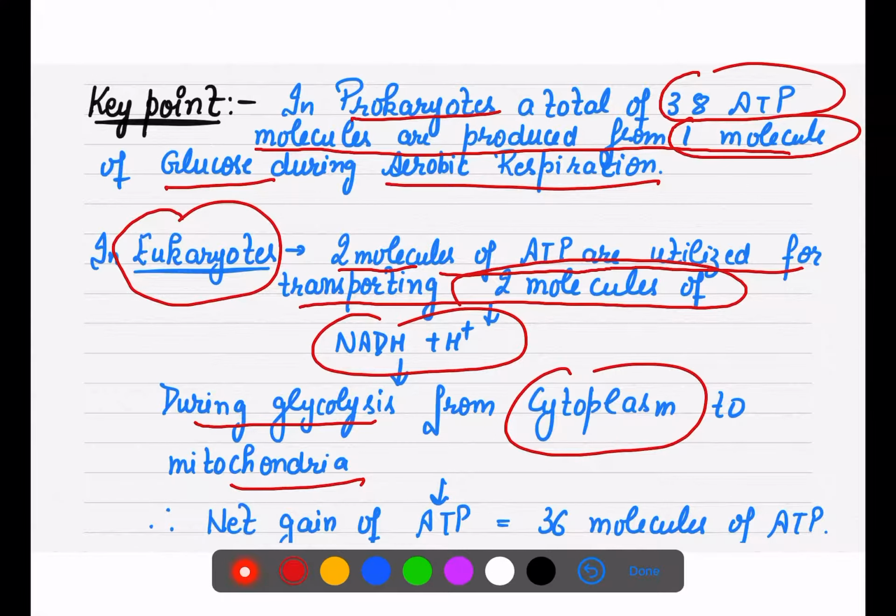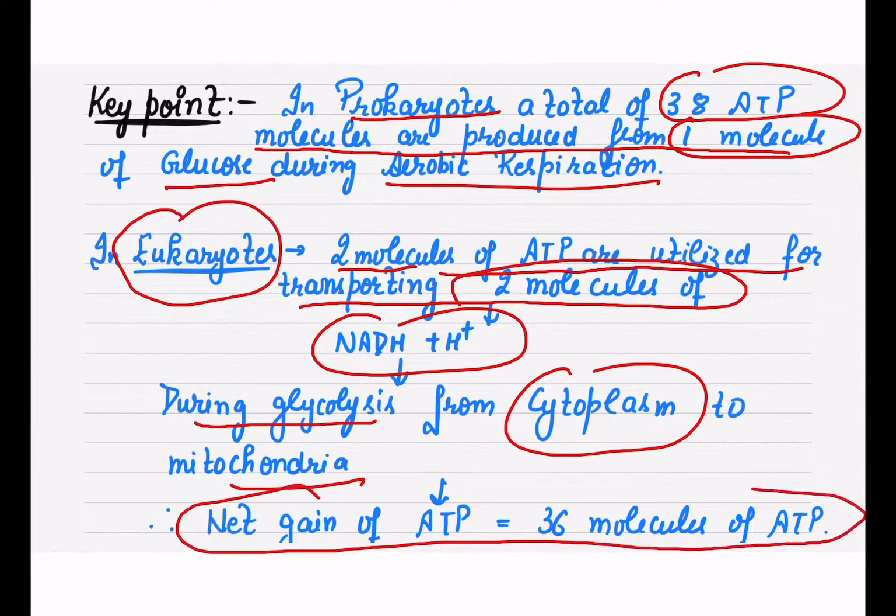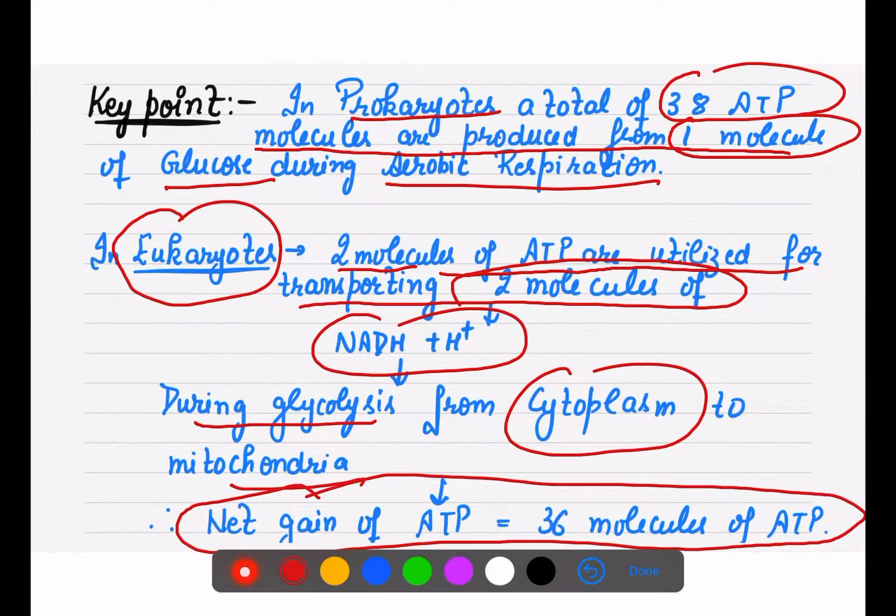So the net gain of ATP in eukaryotes will be 36 molecules. But if the question is asked about prokaryotes, then it will be 38.